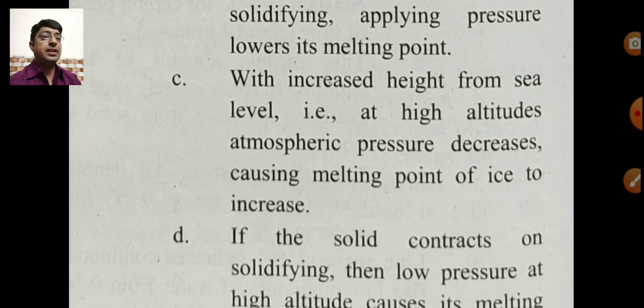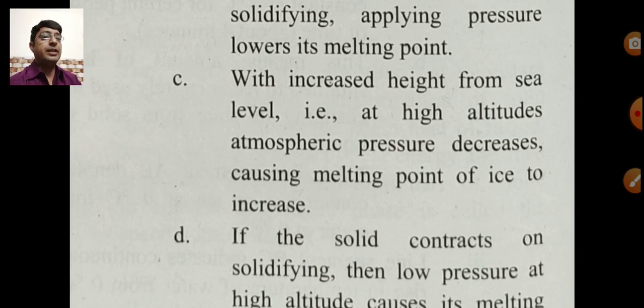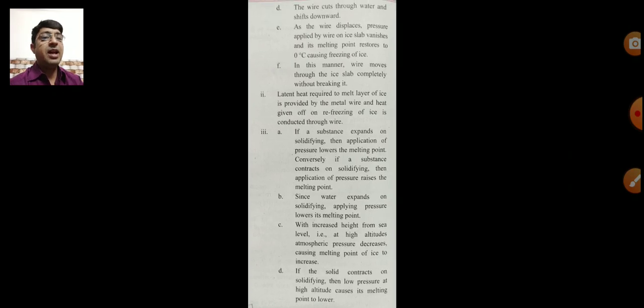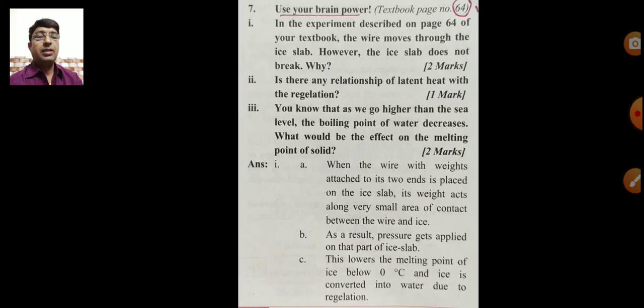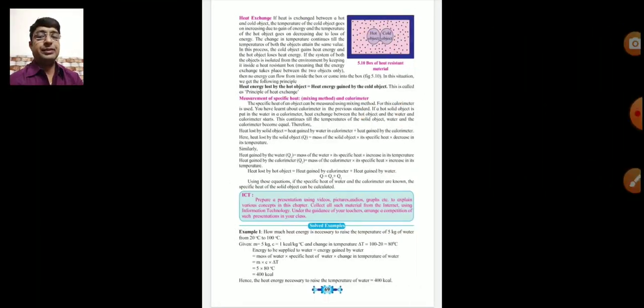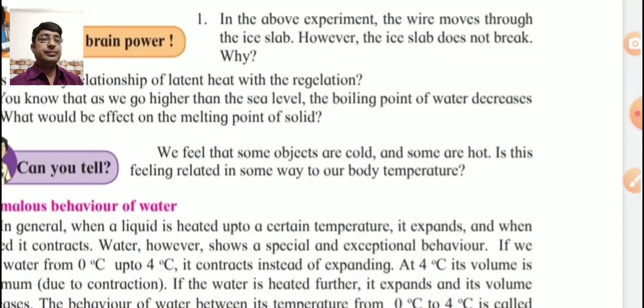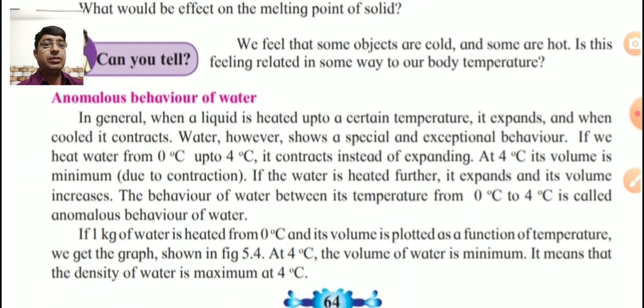Atmospheric pressure decreases, causing the melting point of ice to increase. If a solid contracts on solidifying, then low pressure at high altitude causes its melting point to decrease. Come back to our main point. The next point we learn here is the anomalous behavior of water.